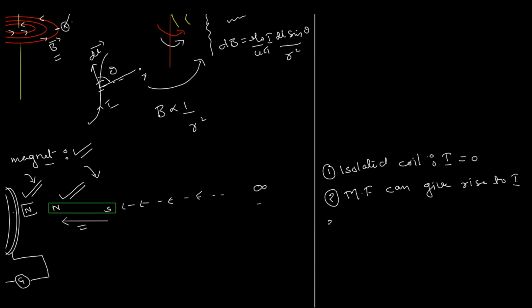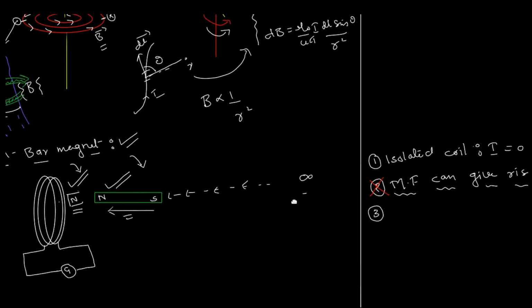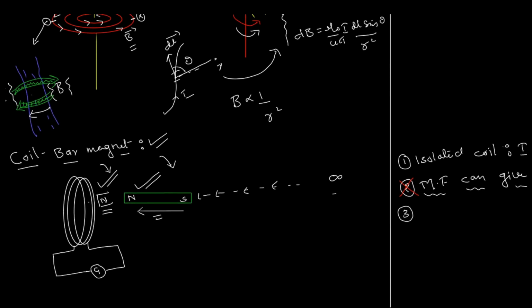So that was obvious. But third point, we noticed something strange, right? A moving bar magnet gave current, but a static bar magnet did not. So that would make me think it's not the magnetic field that can give rise to current. So I'm inclined to sort of discard this statement, because yes, I know the magnetic field is obviously giving current, but the problem is even in this case, when the bar magnet is closer, I have magnetic field, right?